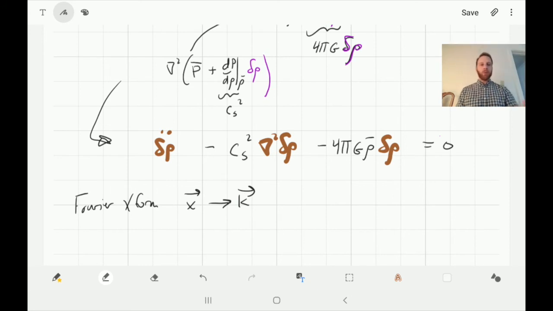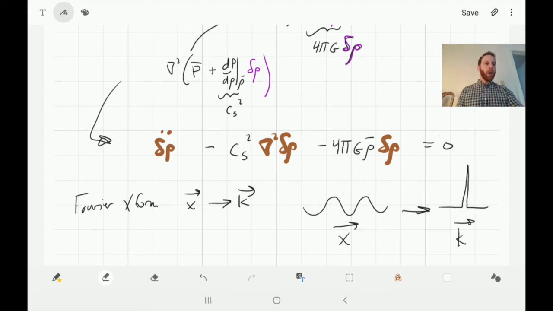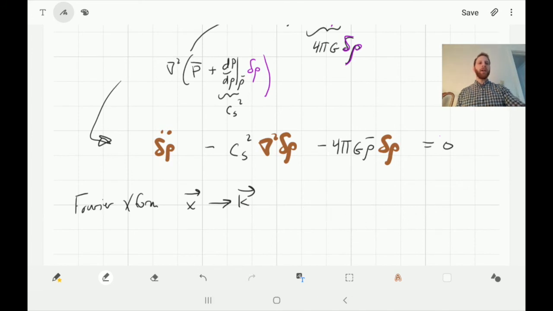For example, if you have just a simple plane wave in real space, when you transform into Fourier space, what you get is a function that is peaked at the wave vector corresponding to this simple plane wave. And if you've got a more complicated wave, then it's more complicated in Fourier space. If you have not seen that, don't worry, I'm sure you will eventually.